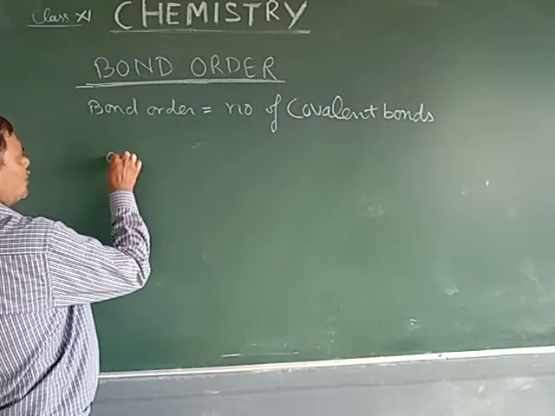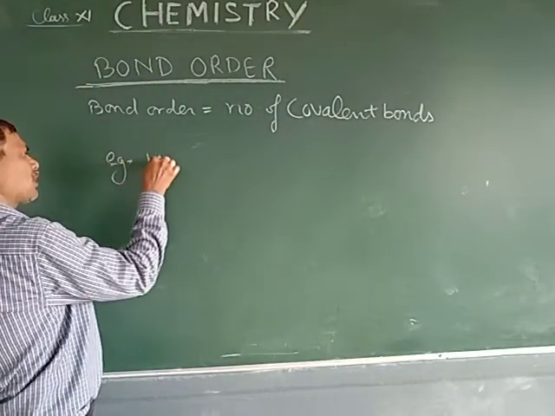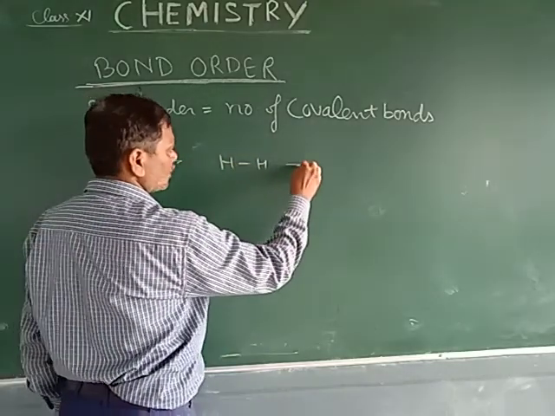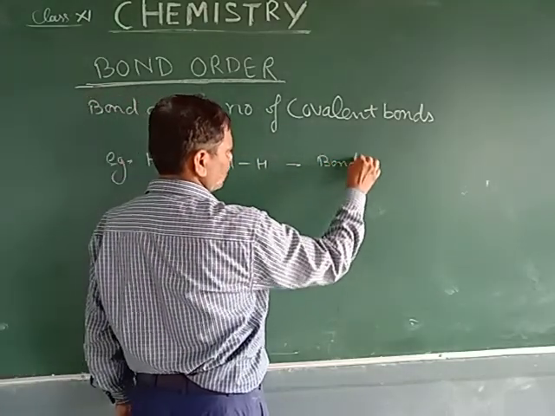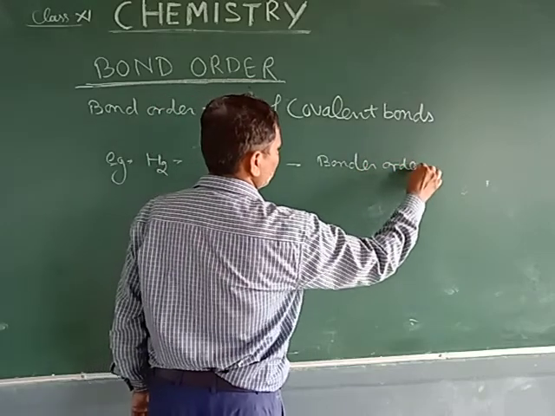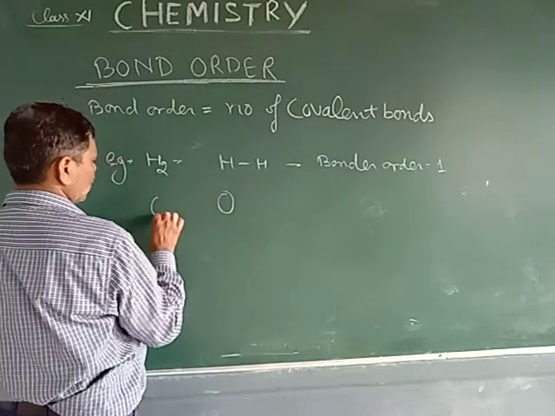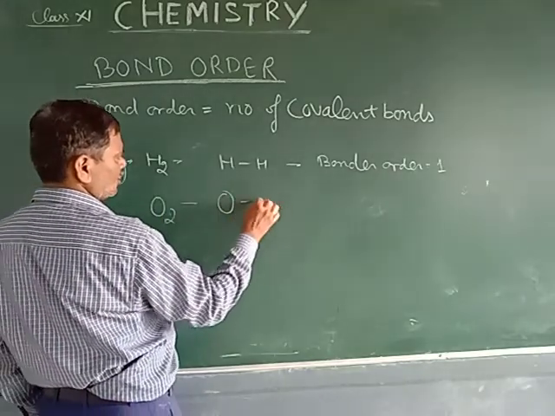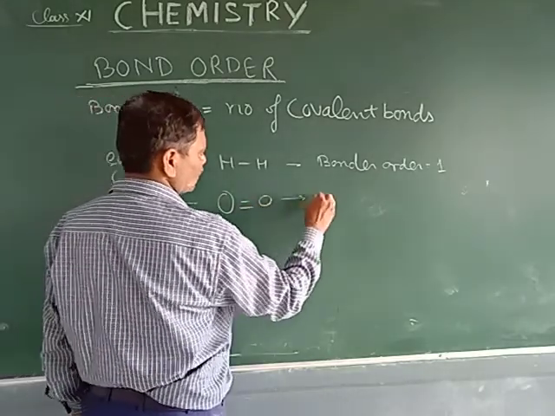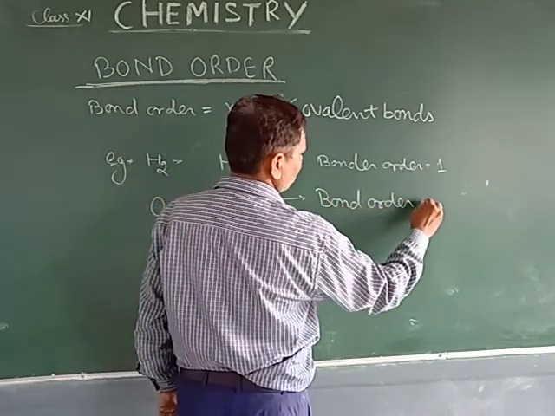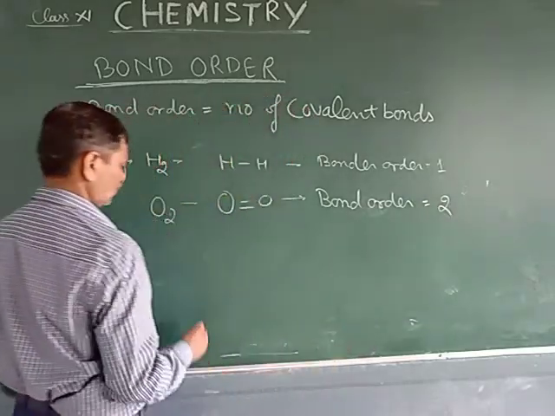For example, in the case of the hydrogen molecule, there is a single covalent bond, that is why bond order is 1. In the case of the oxygen molecule, there is a double covalent bond, bond order is 2.